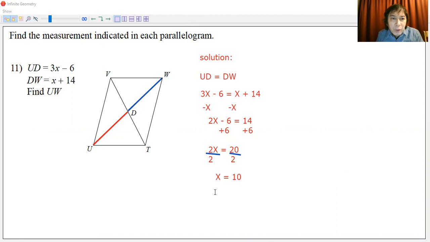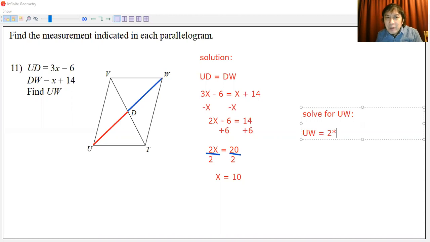Solving now for the required, we're after UW. UW is the entire length of the diagonal, so all we need to do is equate this to twice one of these segments. Solve for UW. We can use our working equation: UW must be equal to twice UD or DW.